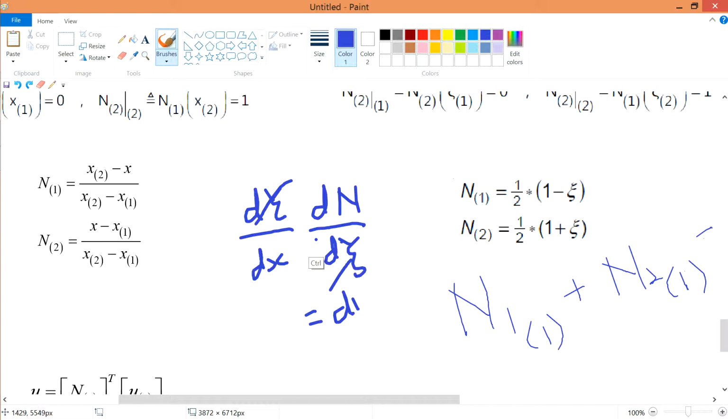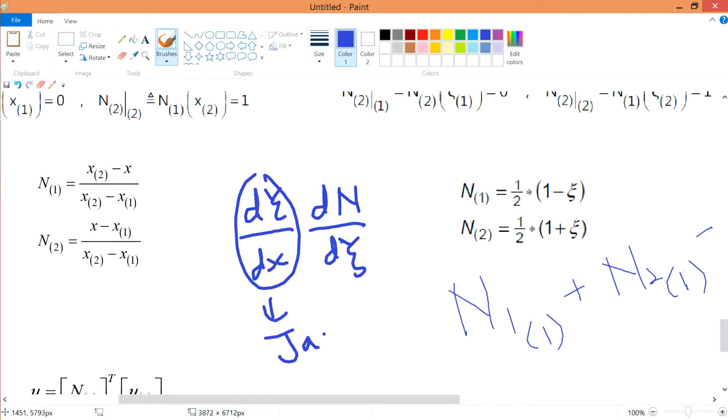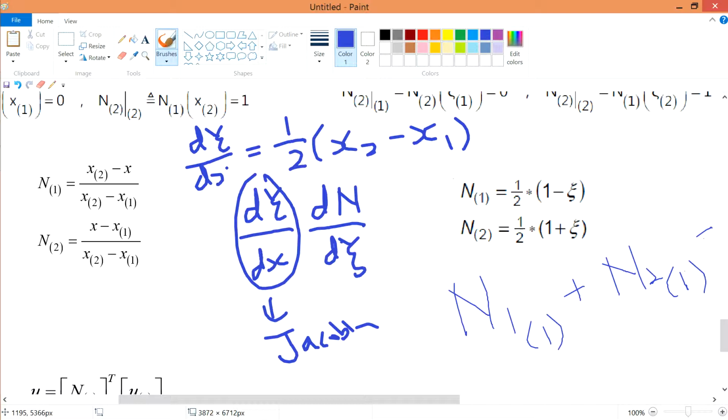So in order to do that, this chain rule tells us that this whole thing over here is what we call J, your Jacobian. And the Jacobian formula is half multiplied by x2 minus x1, which is equal to J, or equal to this dc over dx.